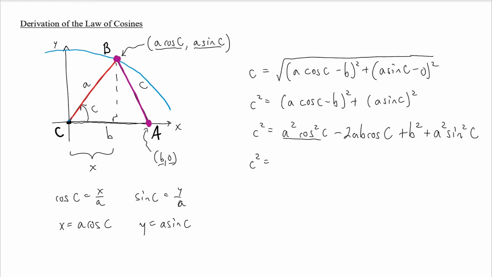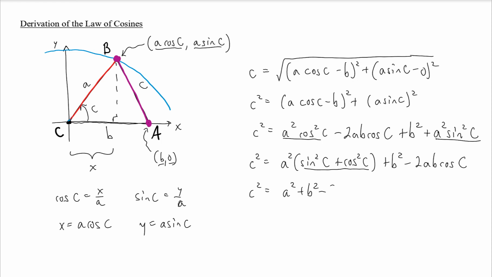What if I move these next to each other and factor out the a squared? And then plus b squared minus 2ab cosine c. Okay. We know that this is equal to 1, so I get a squared plus b squared minus 2ab cosine c. Oh, look at that.